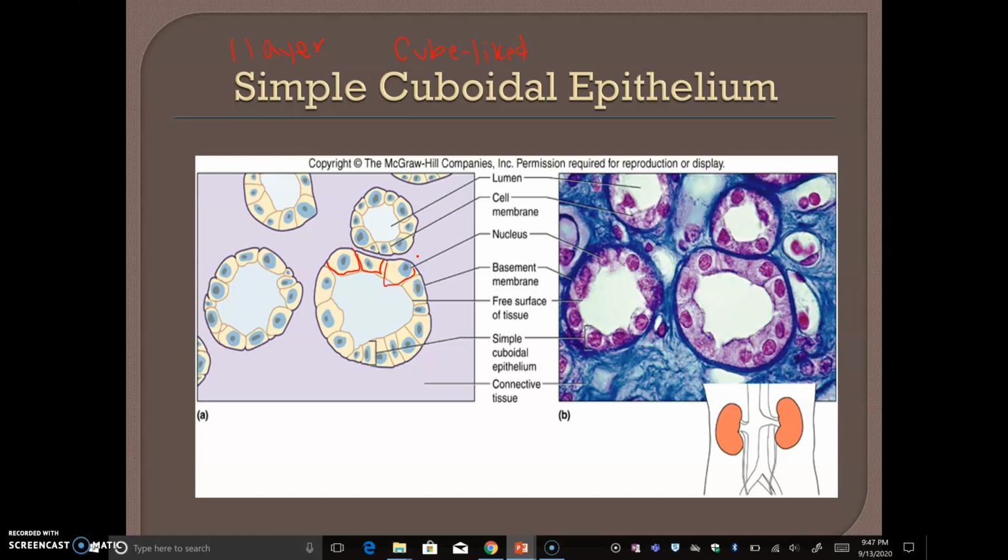It's a little bit thicker than our squamous cells. You can see each cell with our nucleus and that square-like shape. Here our free space is in here, and our basement membrane is right around these cells.